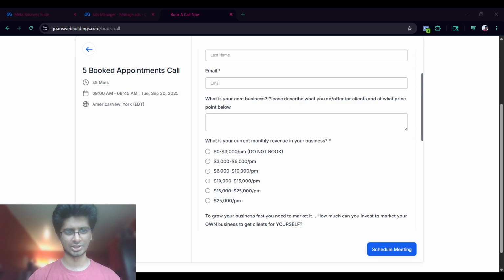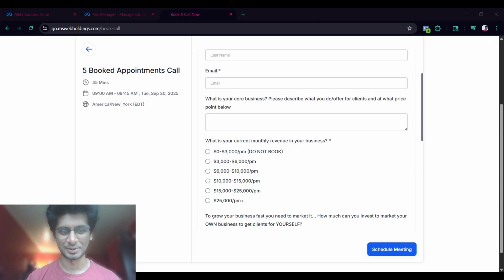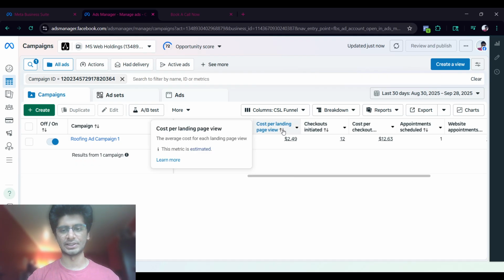So 12 initiate checkouts, but one book call. I mean, 1 out of 12 is like 0.128? Let me check. 0.083. Never mind. Yeah, I'll have to figure that out. But as you can see, that's why I laid these out in this way.